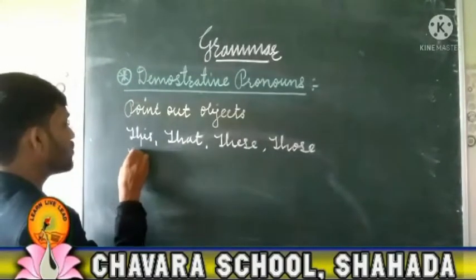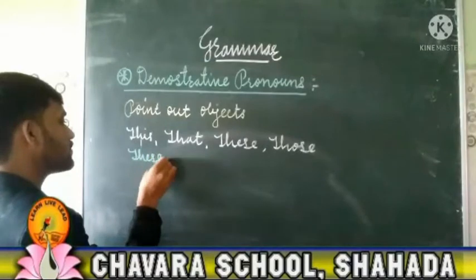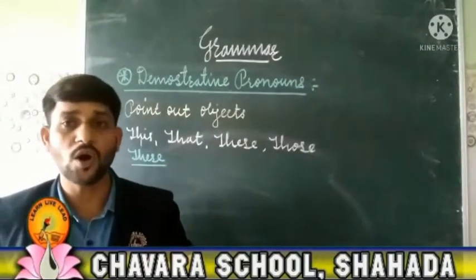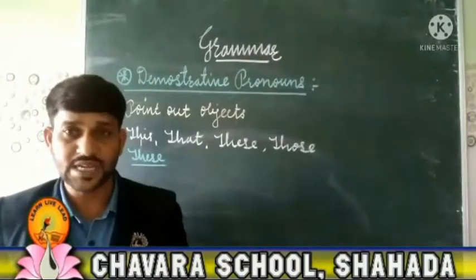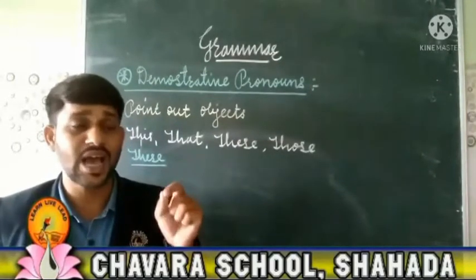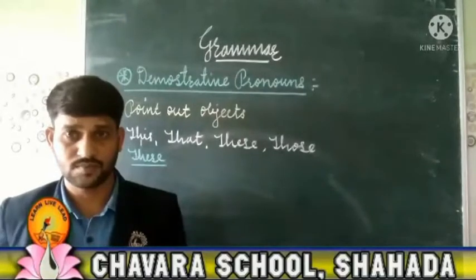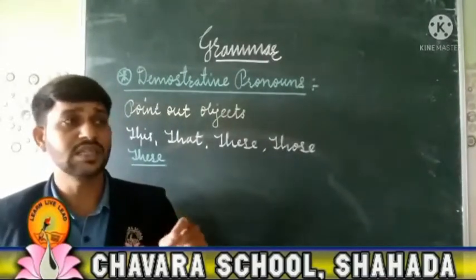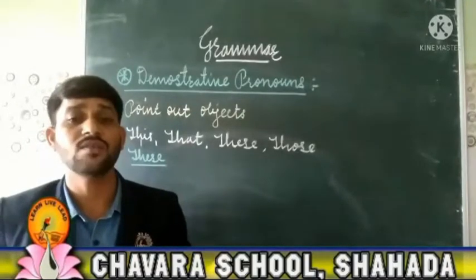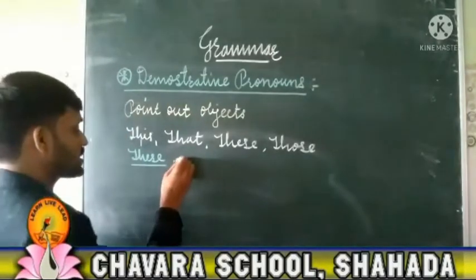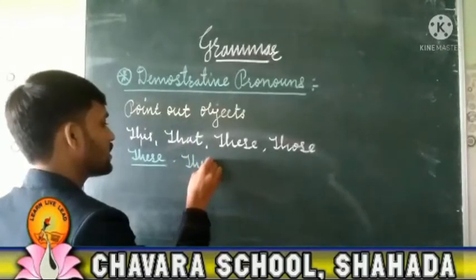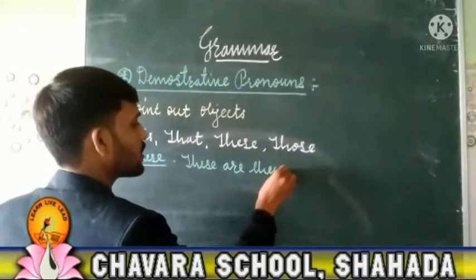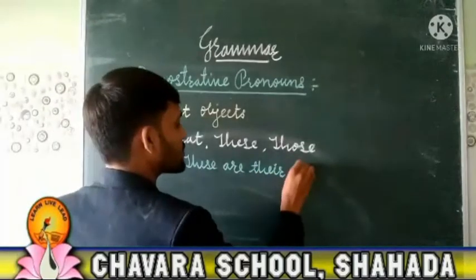Now how do we use these? We use these for plural objects or nouns that are near to the speaker. They are close to the speaker. For example, these are their photographs.